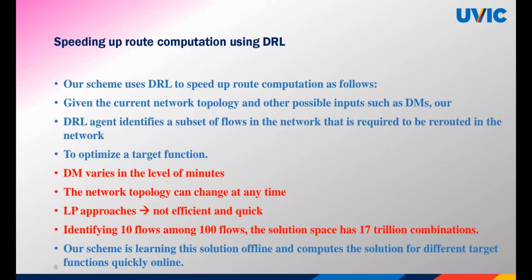For example, if we want to identify 10 flows among 100 flows, the solution space has 17 trillion combinations, which using the linear programming approach is not reasonable here. So one of the advantages of our scheme is that it learns this solution offline and computes the solution for different target functions quickly online.